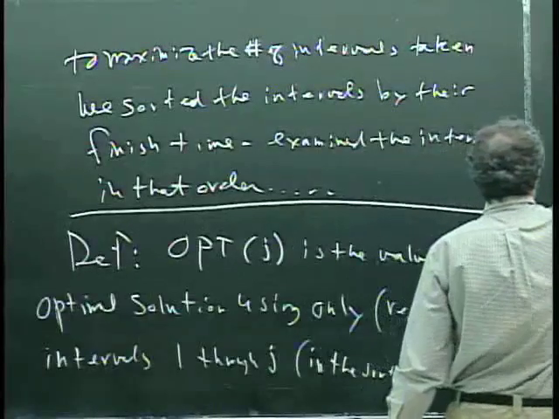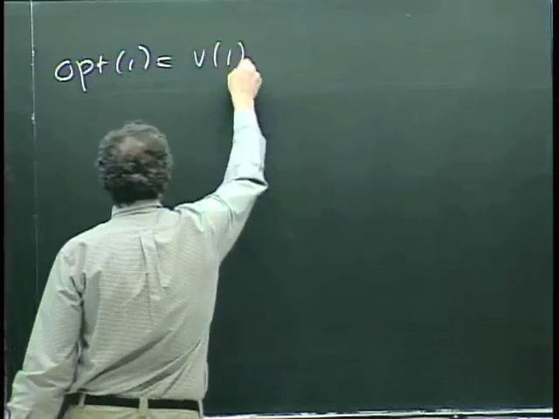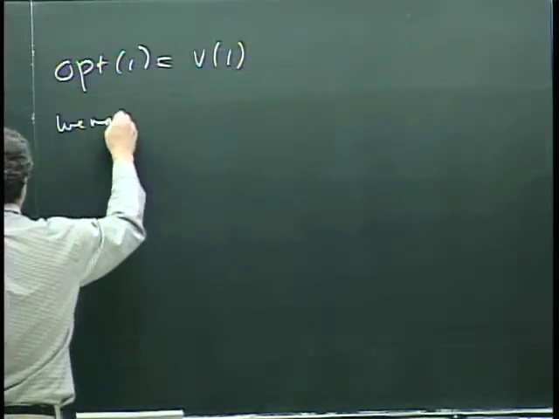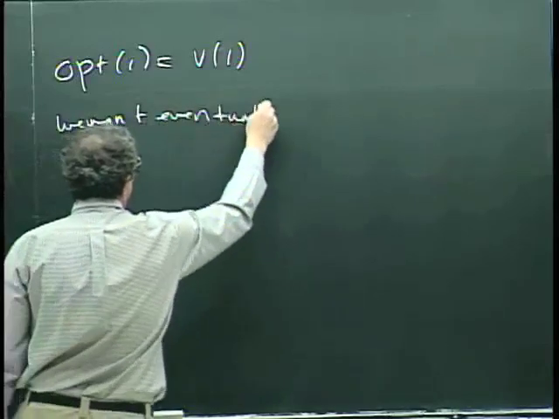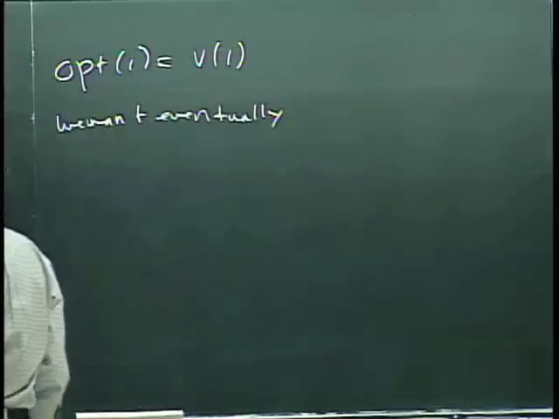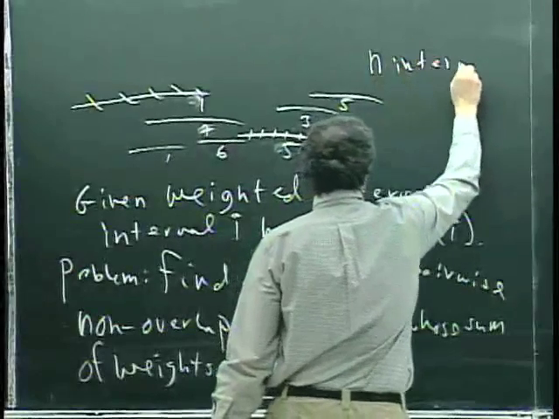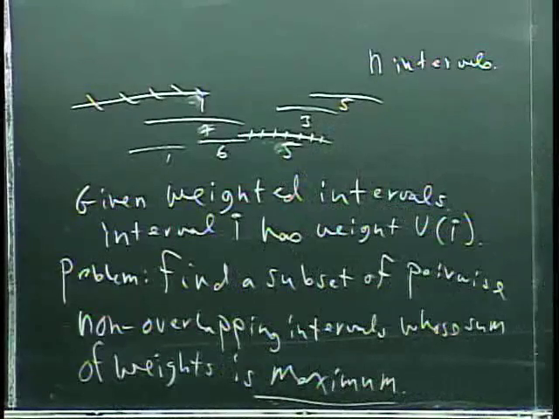So opt of 1 is equal to the value you get from interval 1, or the weight from interval 1. That's v1. Okay, and what is it that we want? If there are n intervals, eventually, in terms of this notation, what is it we're trying to compute?